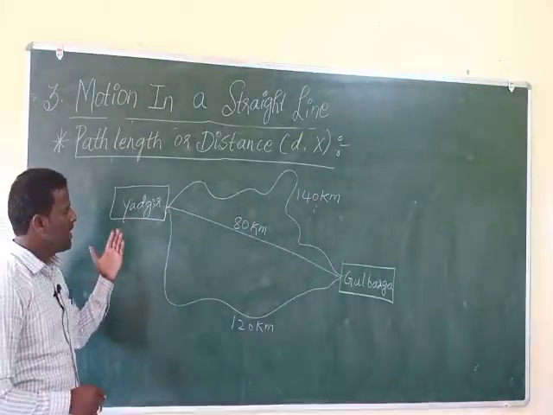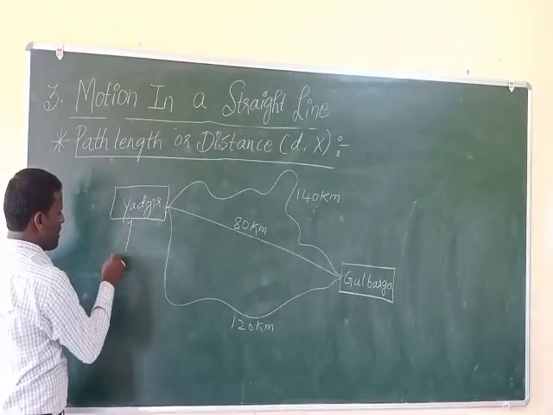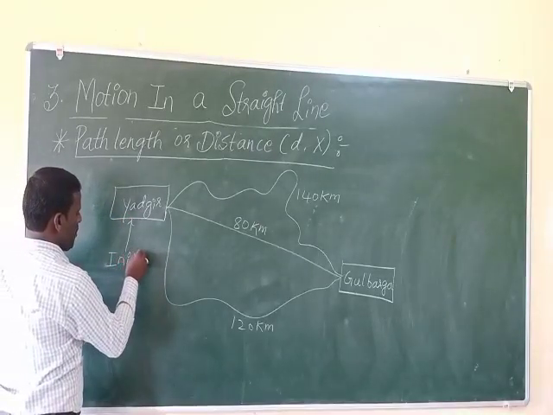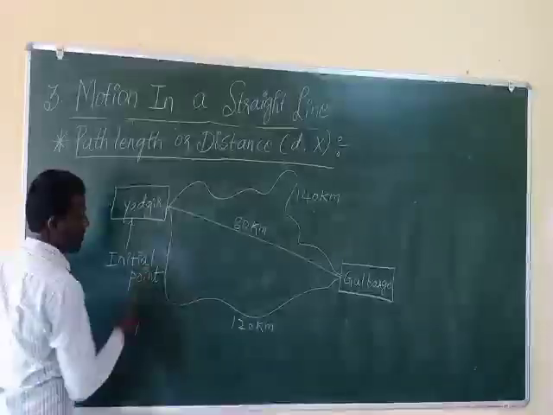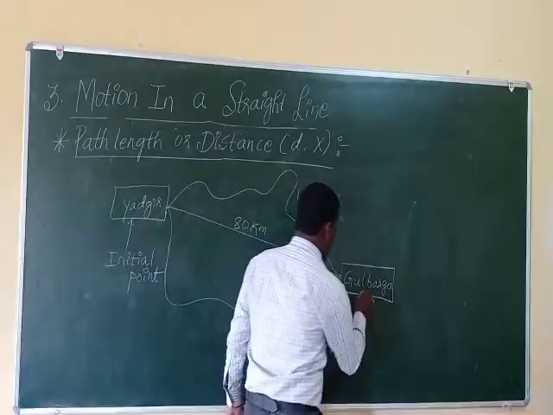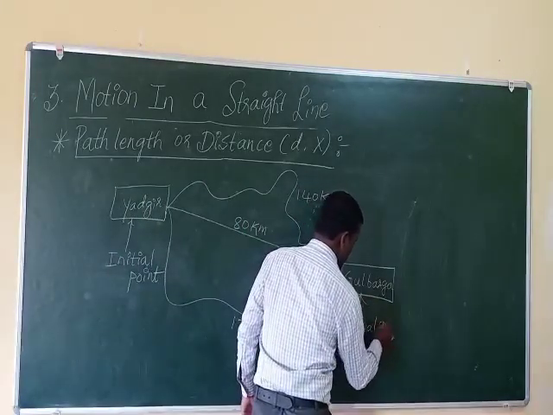See, this is called the initial point. Yadgiri is the starting point of your journey, the initial point. Yadgiri is called the initial point and Gulbarga is called the final point.